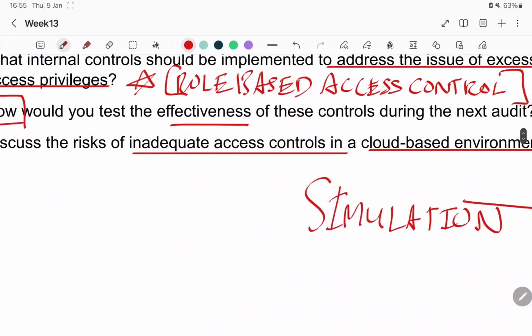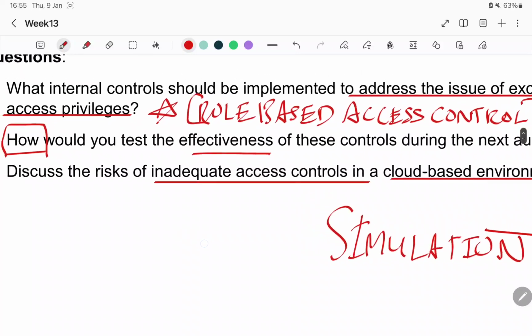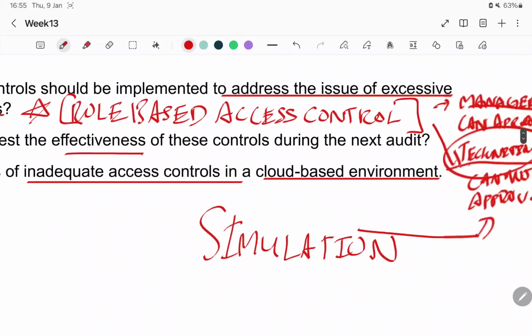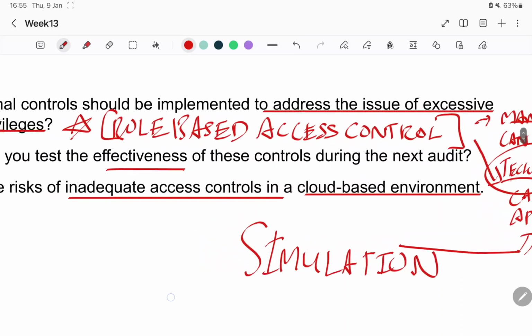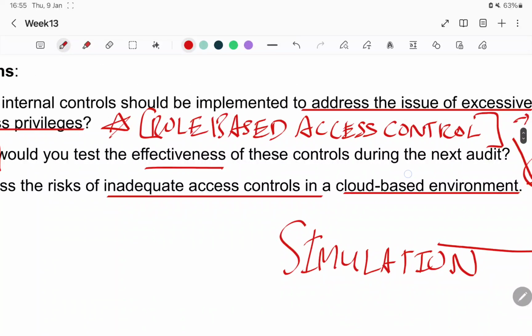And then for this one, discuss the risk of inadequate access control in a cloud-based environment. Because it's a cloud-based environment, it means you can access anywhere, anytime. So you need to regularly review.